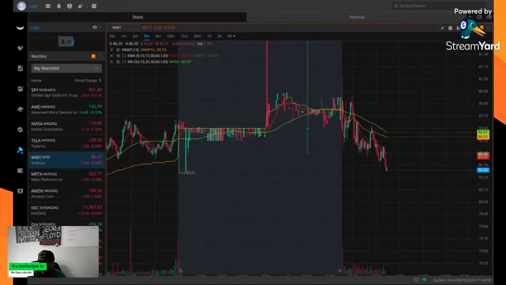Let's see, about to pull the trigger. I'd have been in and out already. Even though it's a 3 cent move on a contract, that's a 10% gain. That's a 10% gain. A 3 cent move. I'd have been in and out already.